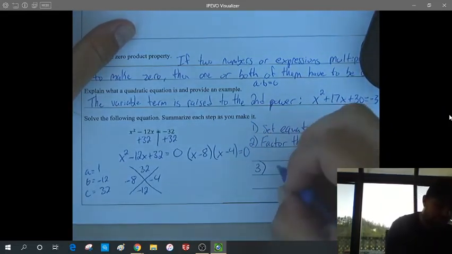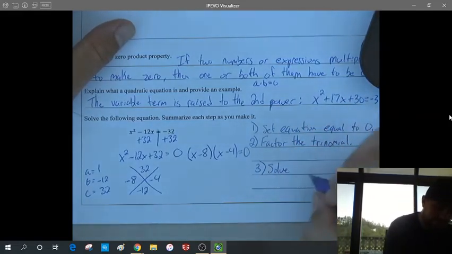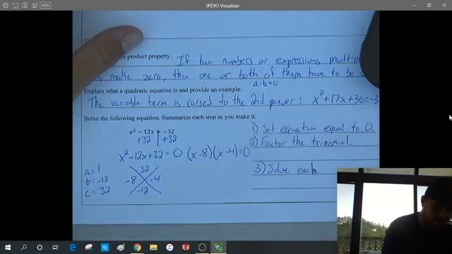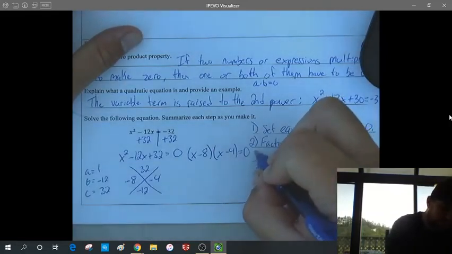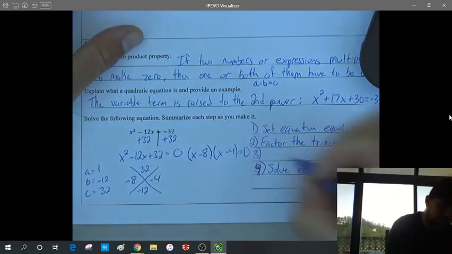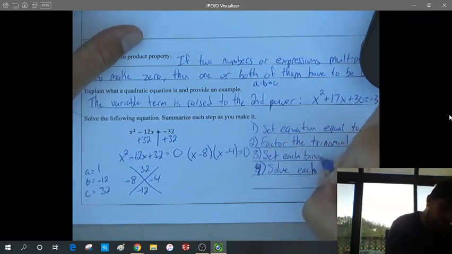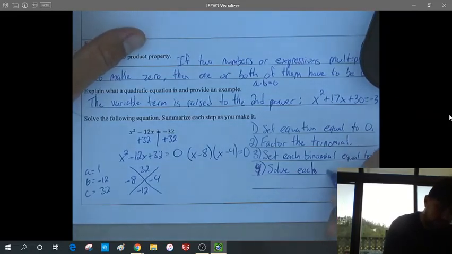And then step 3 is to solve. Well, actually, this should probably be step 4, so step 3 should be set each binomial equal to 0, and then solve each equation after that.